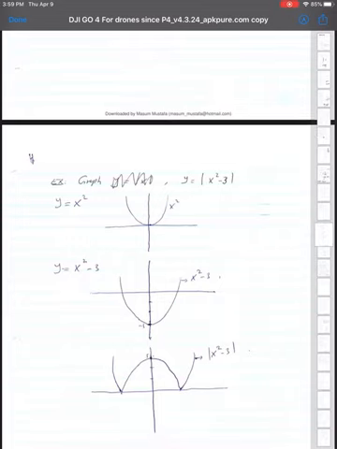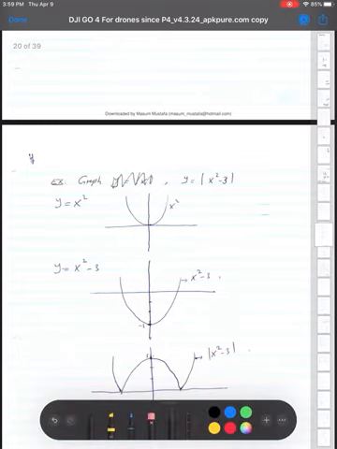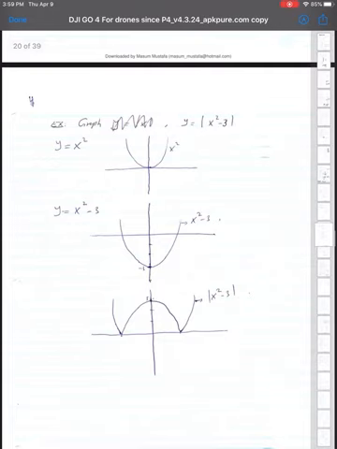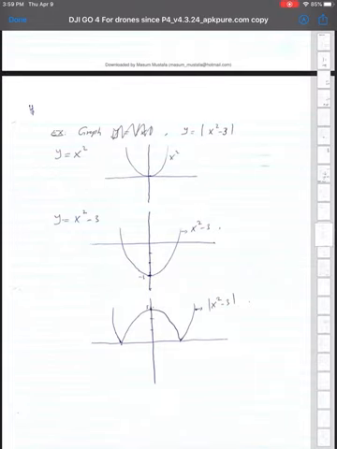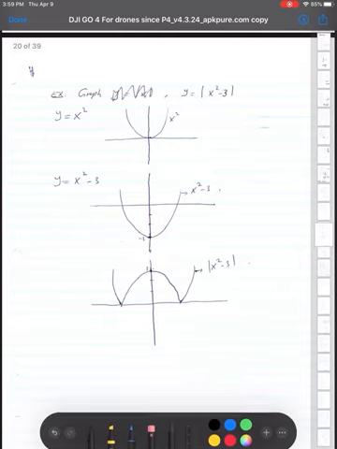This is our original graph, y equal to x^2, and y equal to x^2 - 3, so the whole graph is shifting 3 units down. And this is the absolute value of y = x^2 - 3, so that means we cannot have any negative y value. The graph is going to look like this.